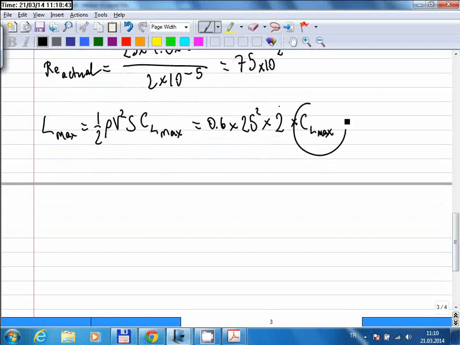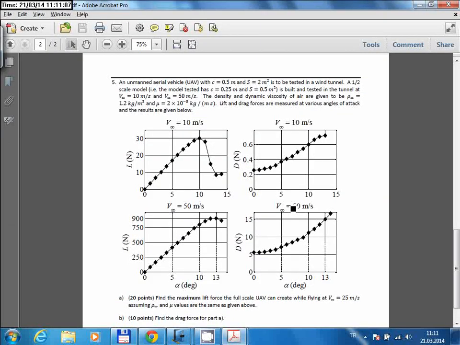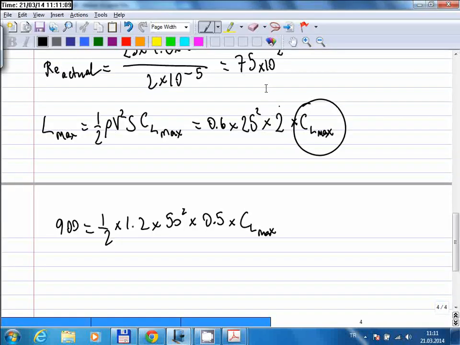I need to find the value of CL max, and it will be calculated using this small wind tunnel model. For the small model, 900 is equal to 1/2 times 1.2... So I should find the value of CL max from here.